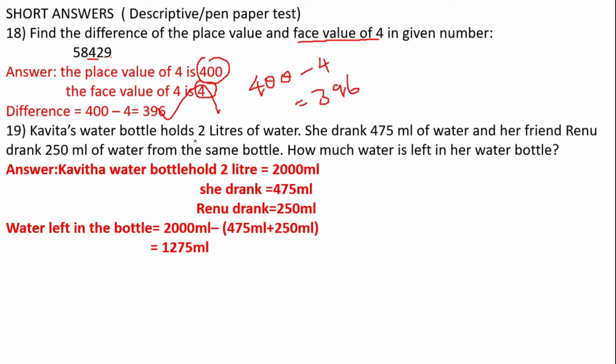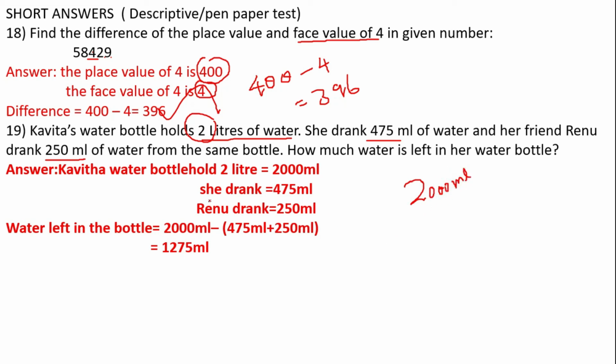Kavita's water bottle can hold 2 liter of water. She drank 475 milliliter of water and her friend Renu drank 250 ml of water from the same water bottle. How much water is left? 2 liter of water means 2000 milliliter. 1 liter 1000 ml. So 2 liter 2000 milliliter.